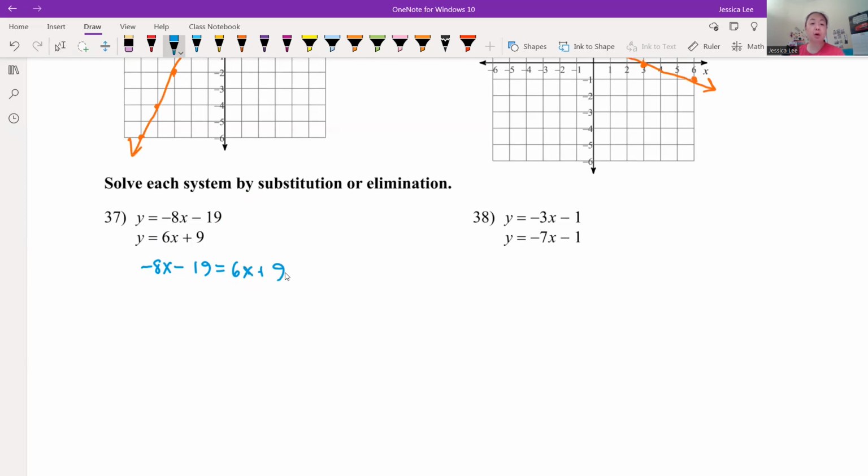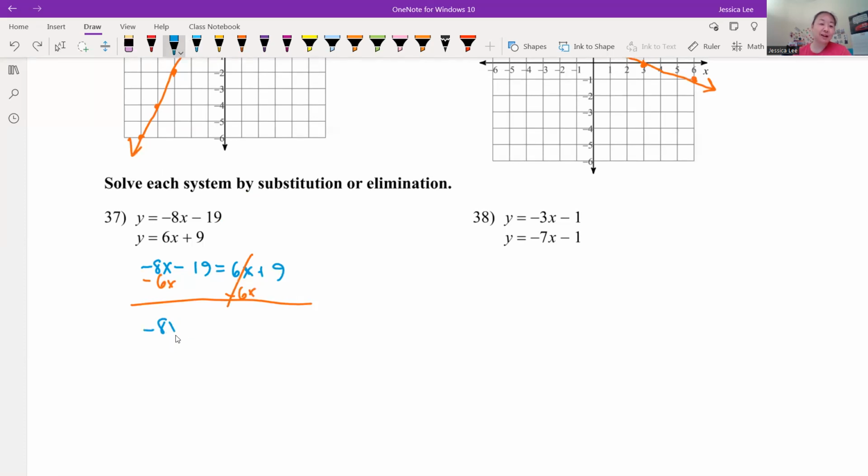Okay, so now we have just one equation with one variable. We've done this before, right? Variable on each side, but it's the same variable. This is why we needed that stuff, right? So now we're going to subtract 6x on both sides. And we get negative 14x.